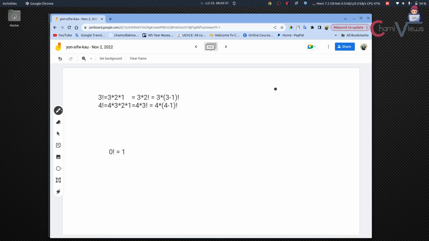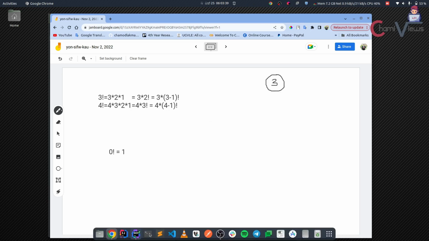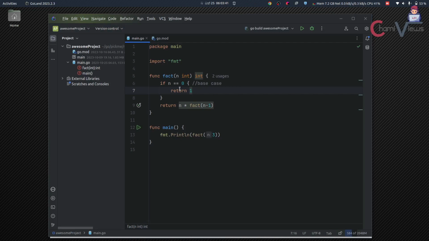First, I am passing the value 3. Then in this function, n is 3. It checks this condition, it is not true, and then returns n multiplied by factorial of n minus 1.